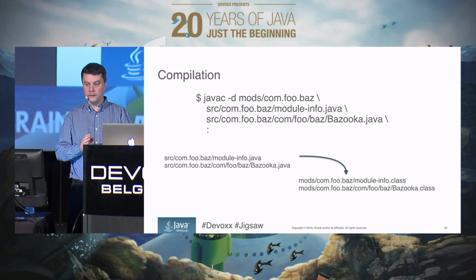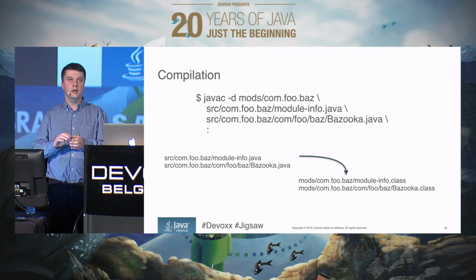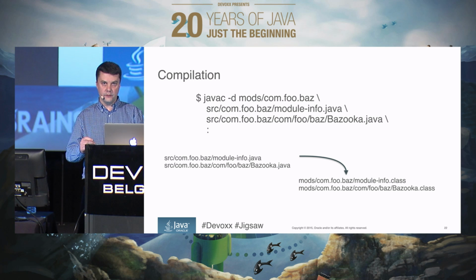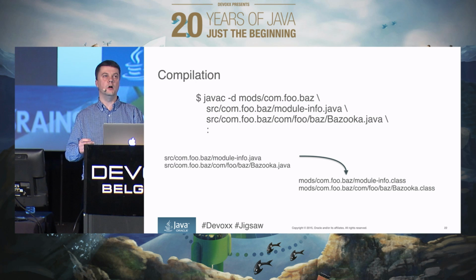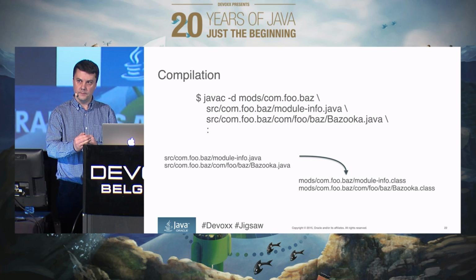So I'm compiling all of the .java files that are in the confu-baz directory tree, and compiling them to .class files. The important thing to take from this is that the module declaration, which was in module-info.java, is compiled by the compiler along with the rest of the source code, and is compiled to a .class file.